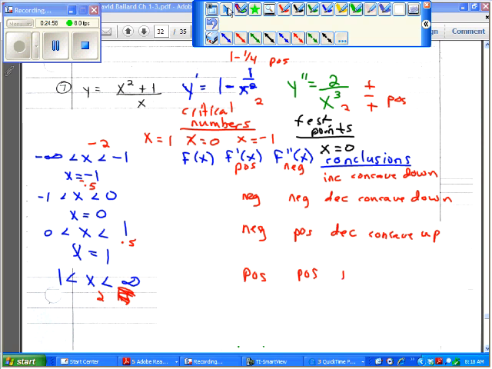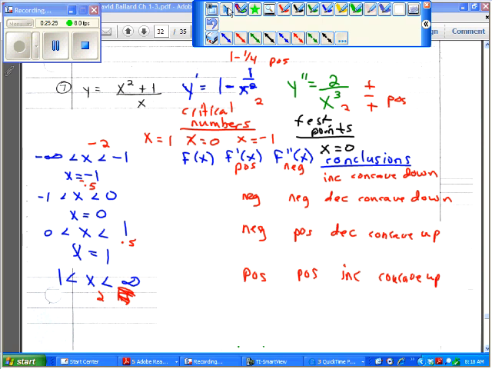First derivative is positive, so it is increasing. Second derivative is positive, so it's concave up. There, it stayed concave up. So it's from concave up to concave up. So at x equals 1, possibly there's a minimum point. Okay? We'll find that out in a minute.